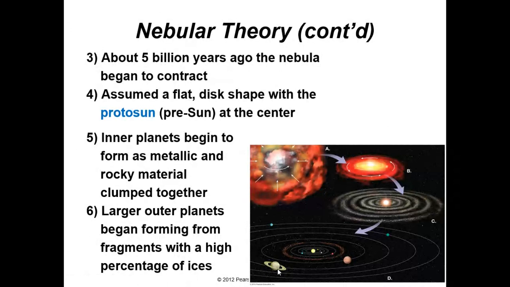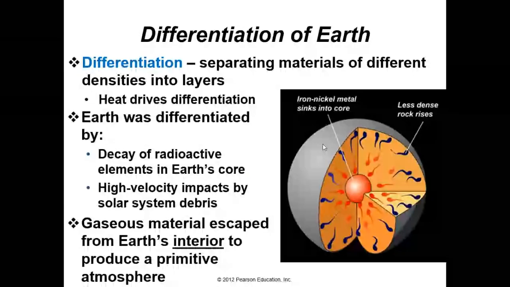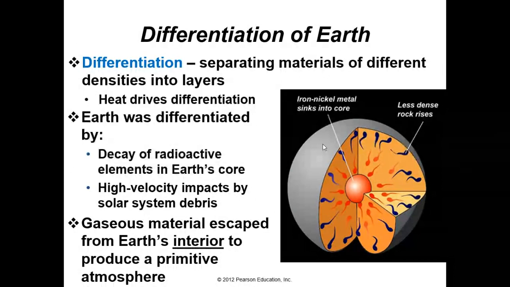Okay, so you have liquid metals, you have liquid rocks, you have water vapor, you have all these other gases as well in a vapor state. It's all mixed together. Okay, but as time goes on, Earth begins to cool down. Okay, as it cools down, you start to see these different materials of different densities begin to separate out.